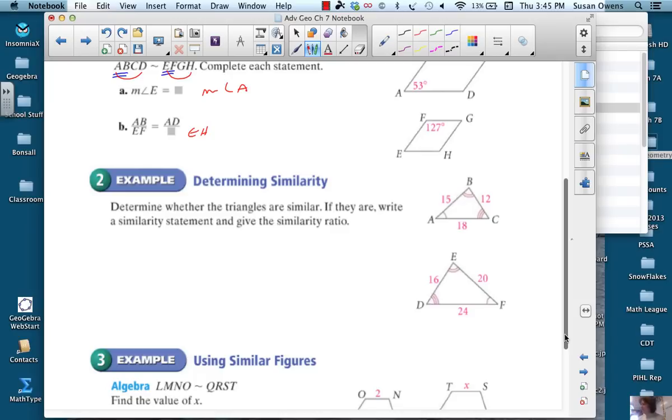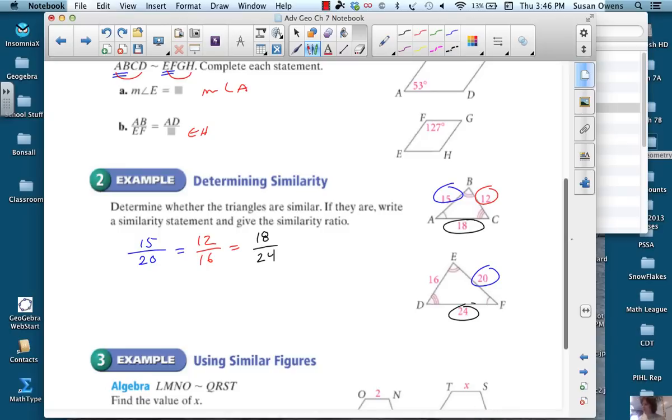So what I can do is start with 15, and then find its similar side, so that would match up to 20. And I want to know, is that equal to, how about I'll grab 12 next, and 12 matches up with 16. And then one more, 18 and 24.